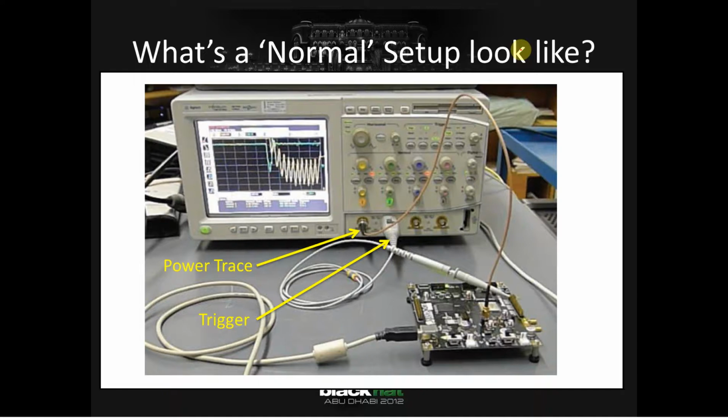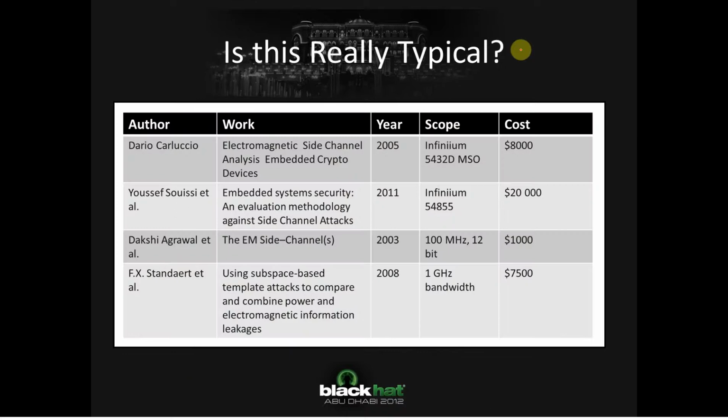So why we need that high speed is I'm attacking a hardware device there that's running at 24 megahertz. And when you look into literature, you'll see that other people, this isn't just, hey, I had a nice lab. It's frequently, especially for hardware implementations, they're finding that you need this minimum, this 250, 500 megasamples per second for attacking hardware running at moderate speeds, 12, 24 megahertz type thing.